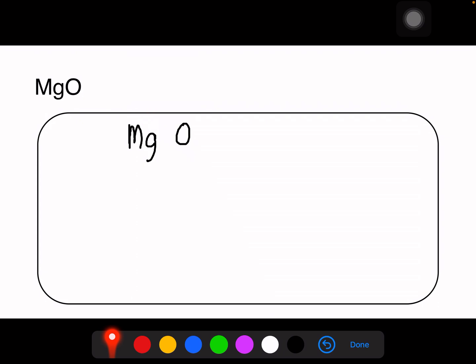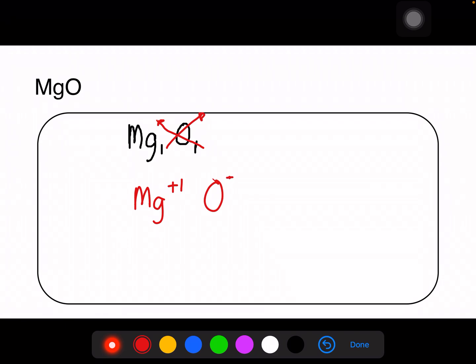If you did it in the conventional way, maybe you will think that since there are no values, that is Mg1 and O1, when you perform the charge crossing technique, you will create Mg positive 1 and oxygen negative 1. However, this is wrong.